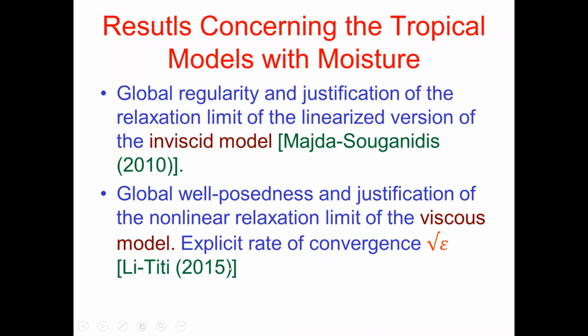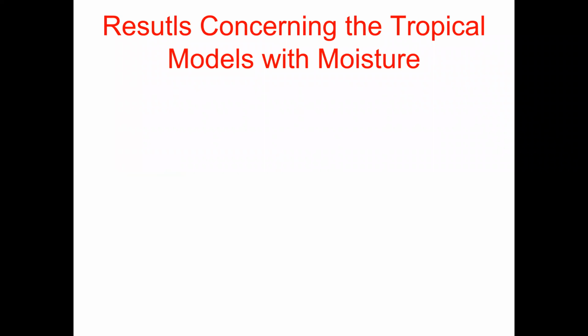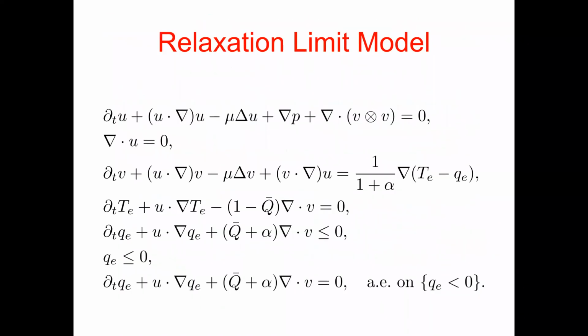Now, together again with Jinkai Li, we proved the global well-posedness of the system with epsilon and of the limit system, and uniqueness. You see, showing uniqueness for a system like this, because you have an inequality, is by the energy method not really an easy task, because you cannot compare two solutions: for the difference, I don't have zero on the right-hand side. One is negative, the other one is negative. For the difference, we don't know what to decide about the right-hand side.